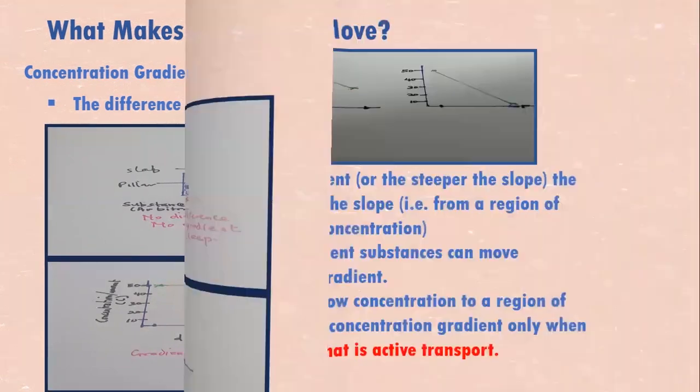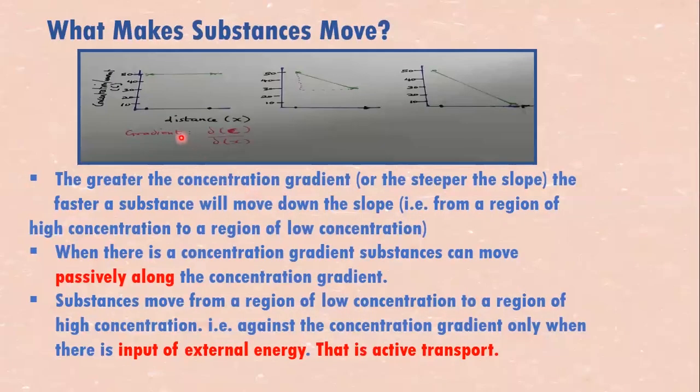Now, what it means is that if I don't have a concentration gradient, substances moving from one place to another, they all have kinetic energy, but it will be very difficult. But if I have differences in concentration, then a substance can easily flow from one end to another.